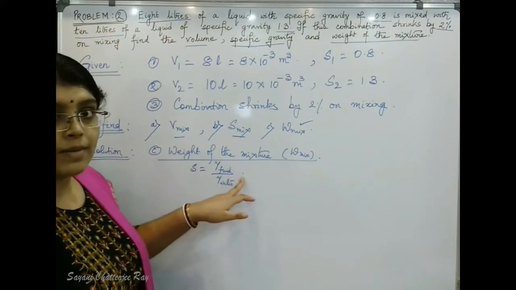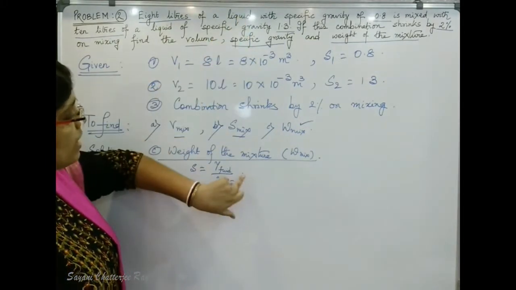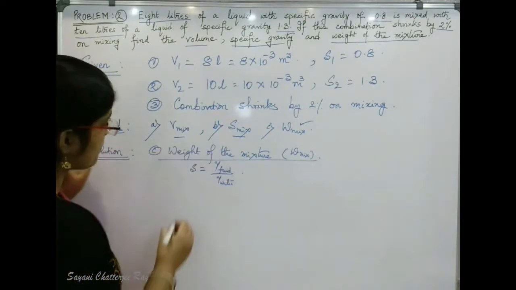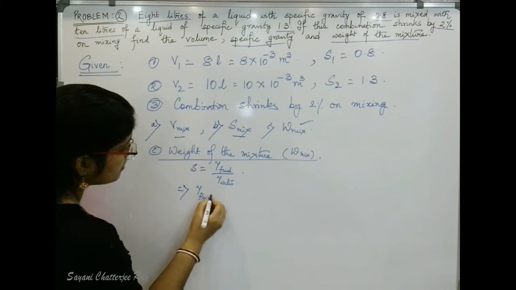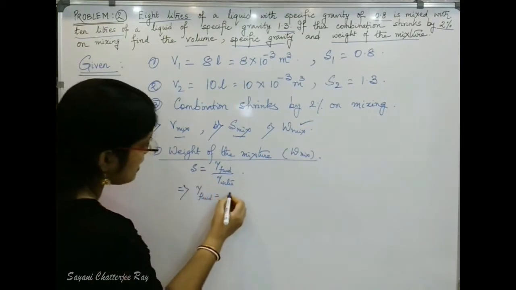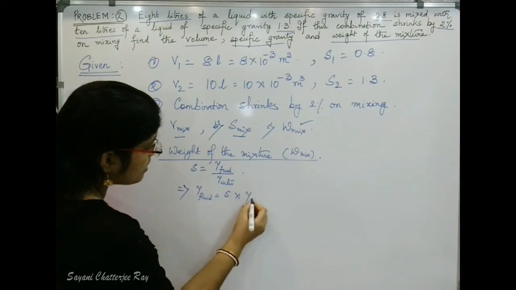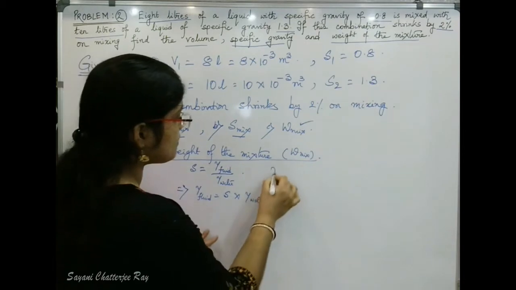So gamma fluid will be equal to, here you can see a liquid is there. So that liquid is this fluid. Therefore, gamma fluid equals simply S into gamma water.